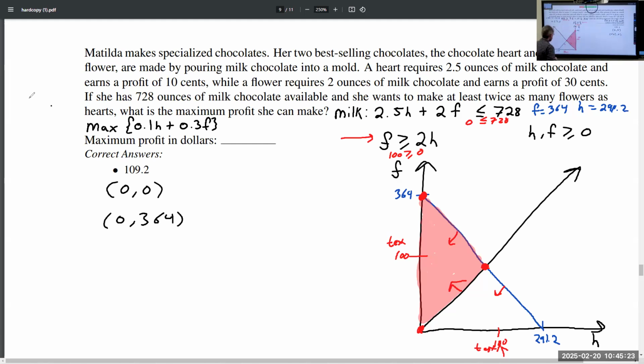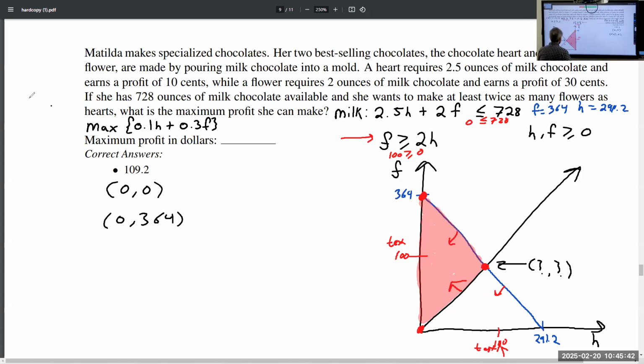And then the other point is where they intersect. As far as math problems out of a math textbook go, that's usually the solution. It's not always, but that's usually where it is. And that's the one I'm leaning towards, but you never know.